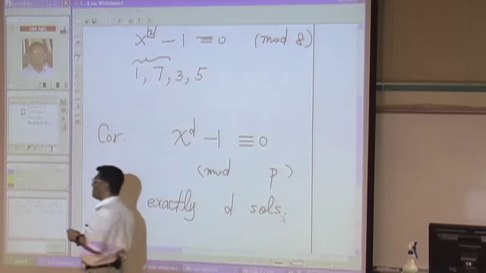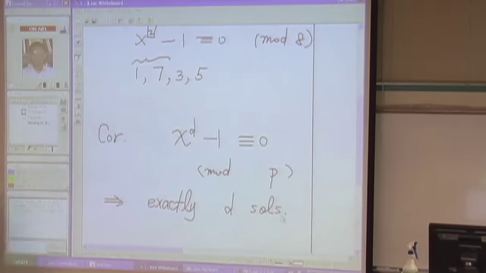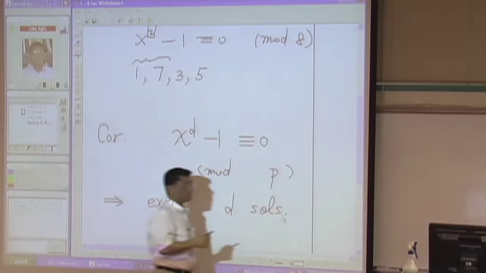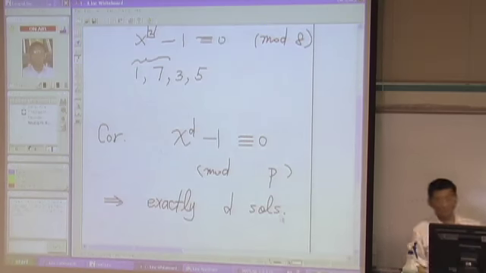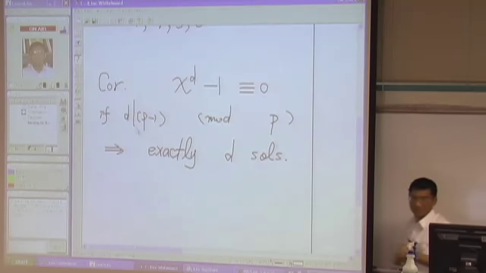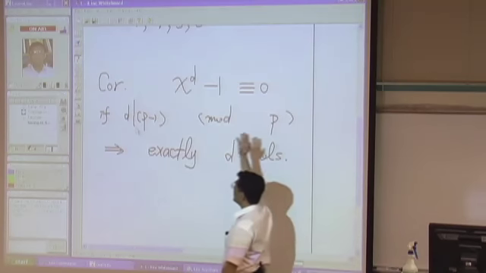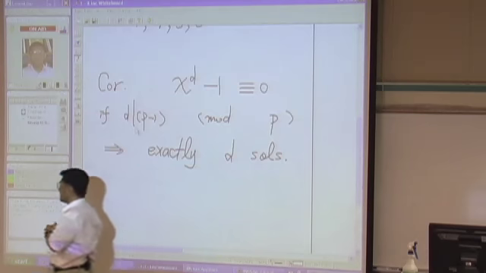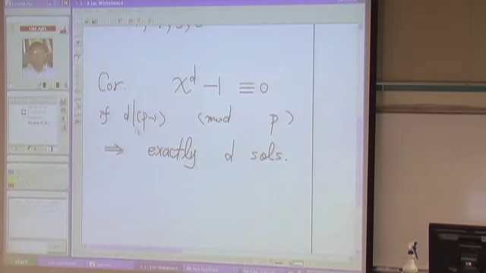So this is the one that I will prove using the Lagrange theorem. So let's do it. First of all, I will mention the condition: if D divides P minus 1, where P is a prime number, then x to the power of D has exactly these solutions.